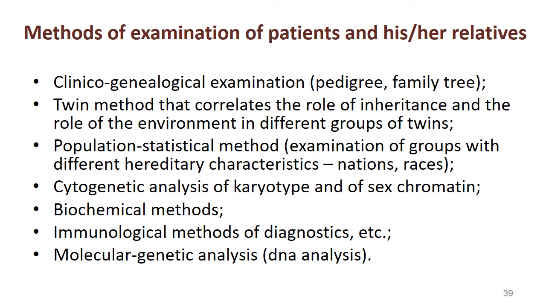Then population statistical method consists in examination of groups with different hereditary characteristics, nations or races. Cytogenetic analysis of karyotype and of sex chromatin. Biochemical methods, immunological methods of diagnostics, etc., and molecular genetic analysis, DNA analysis.